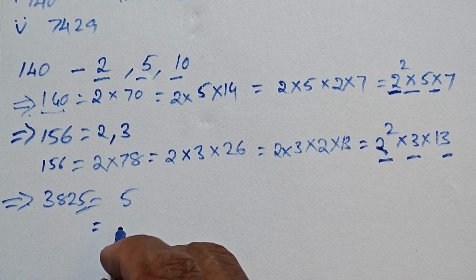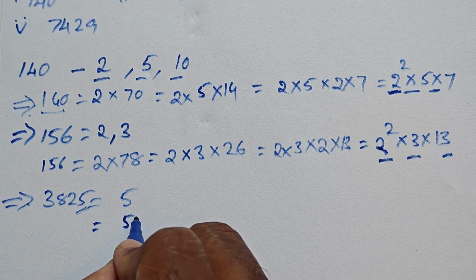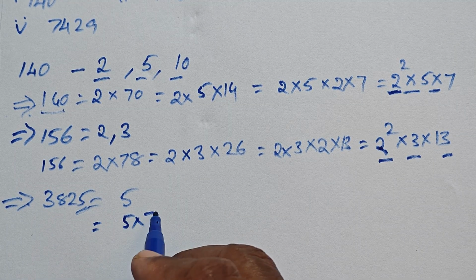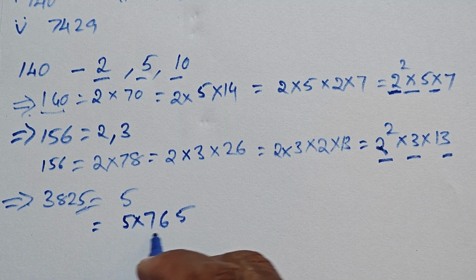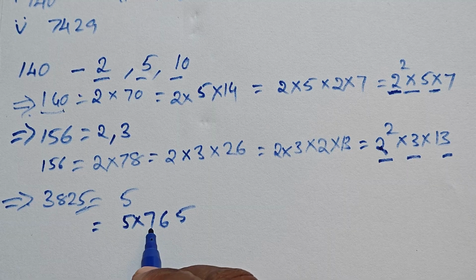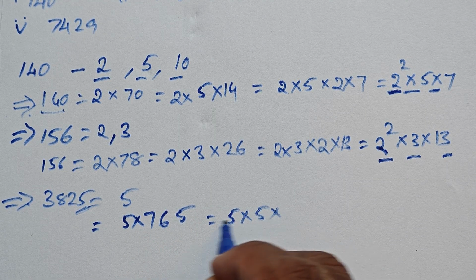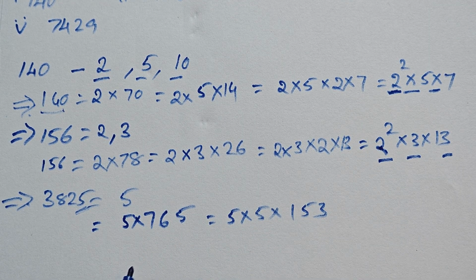Similarly, in the case of 3825, I can say 5 times 765. 5 sevens are 35, 5 sixes are 30, 5 fives are 25. So 5 into 5 into 153, since 5 ones are 5, 5 fives are 25, 5 threes are 15.